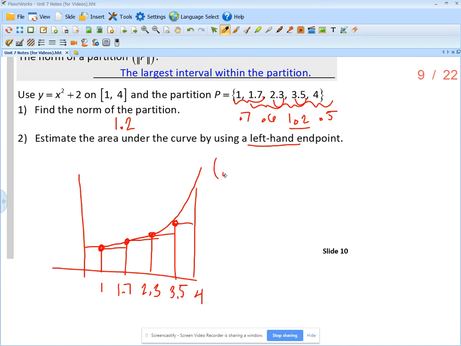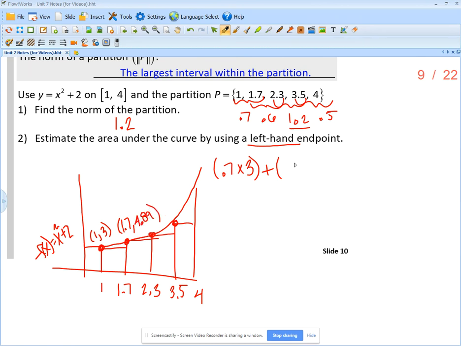So I'm going to have 0.7 times the height here, which is given by substituting 1 into this equation. Remember that this is the equation f of x equals x squared plus 2. If I substitute 1 into that, I get 3. So I have 0.7 times 3. Substituting 1.7 in, we get 4.89.